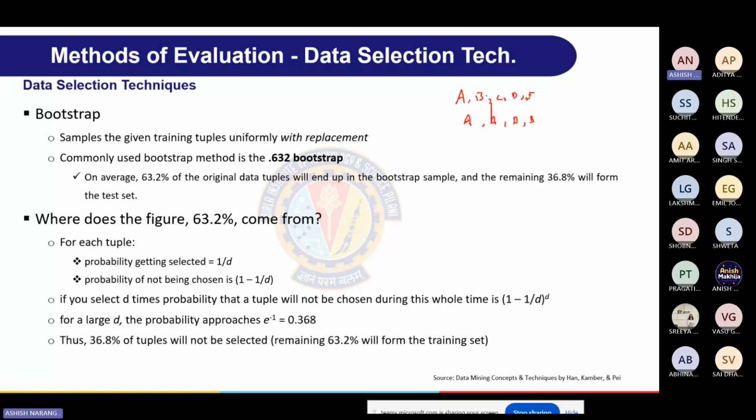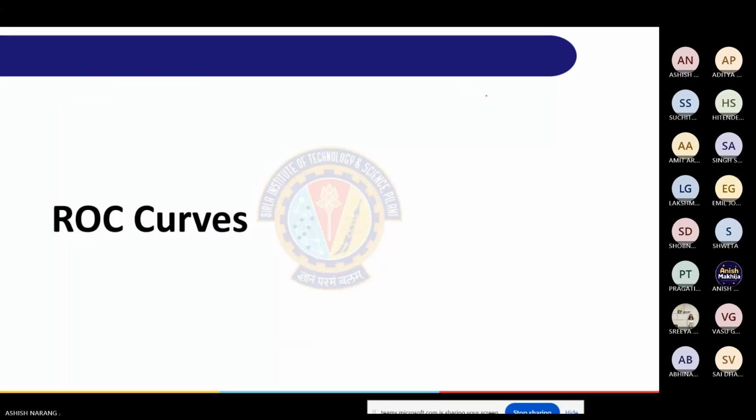You repeat this experiment and check it, and on average you will see 63.2% get selected and 36.8% not get selected, and they become the test data. That's something we can do experimentally.